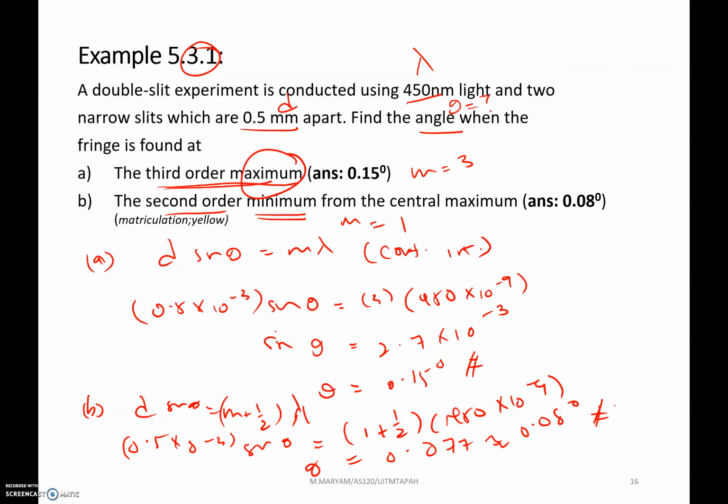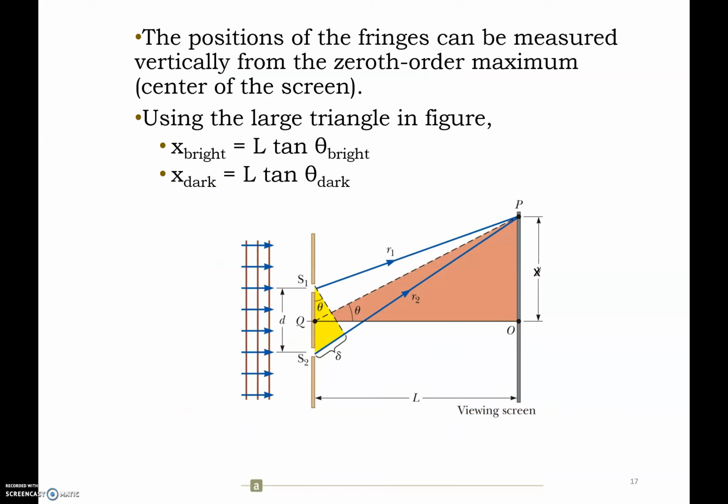Now let's look at another equation. Just now I've given you two equations. First for constructive interference, the second for destructive interference. Now the third equation is to find the position of the fringes. For example, if I want the distance between the zero order bright fringe to the 5th order bright fringe, the distance here is labeled as x.